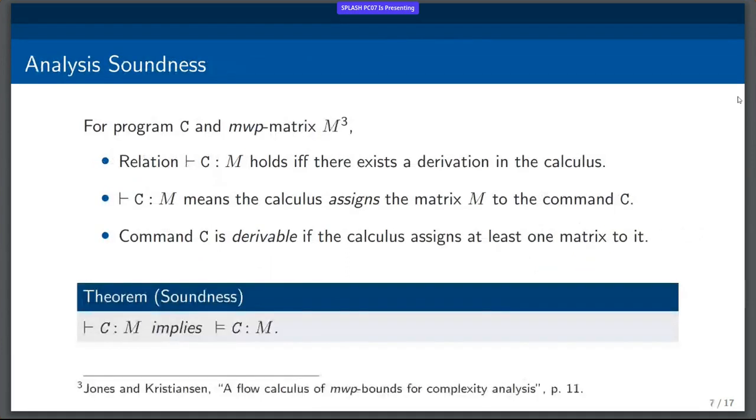The result of the analysis is the idea that if we can actually complete the derivation, then we know that the input value growth is polynomially bounded. In the paper, they give this very nice soundness theorem that says if I have this syntactic property, then the semantic property follows from it.